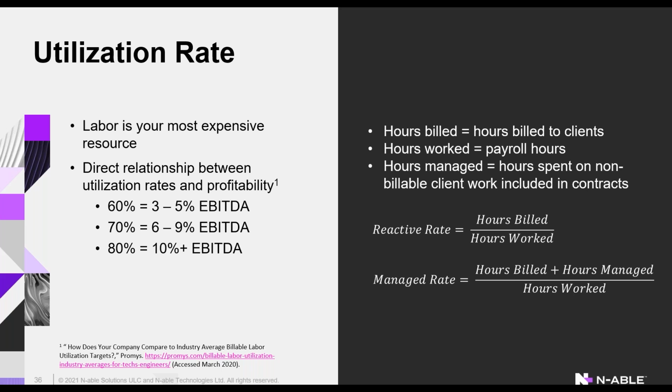So we look at the two median quartiles that we talked about earlier, they're probably in the 60 and 70% range, right? That 3 to 9% EBITDA, probably a direct correlation there. They could be a little bit better. And then we look at best in class with 80% and an EBITDA of 10 plus.